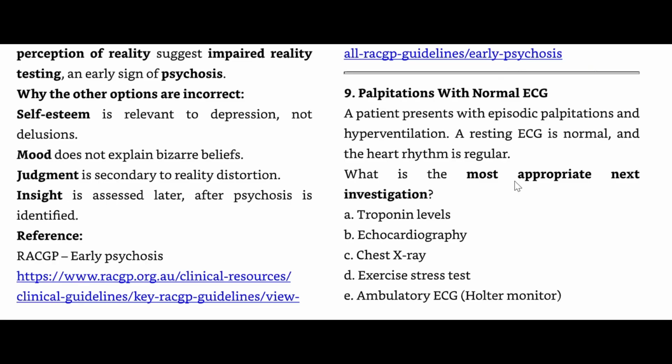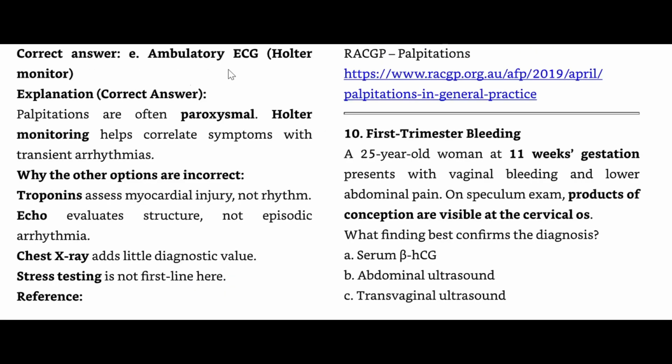Resting ECG, and if normal with episodic palpitation, then ambulatory ECG or Holter monitor, and the mainstay treatment is the placement of cardiac pacemaker.